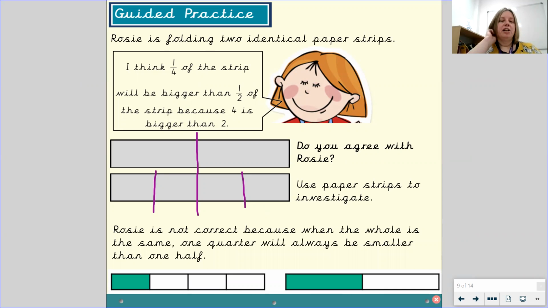Rosie is not correct because the whole is the same. 1/4 will always be smaller than 1/2. If we look closely here, we can see this is our half and this is our quarter. How many quarters make up a half? That's right, 2 quarters make up a half.